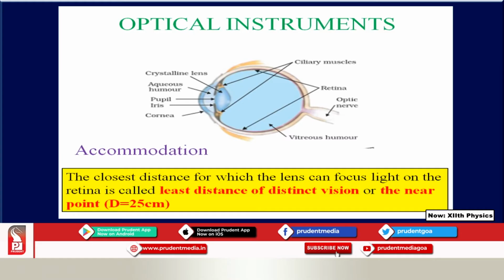Closer than that, the image is going to be a blur image. So, the closest distance at which you can have a good image is termed as the least distance of distinct vision or the near point, and it is given by 25 centimeters.